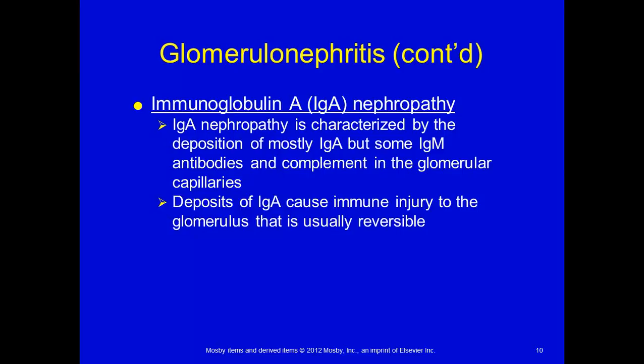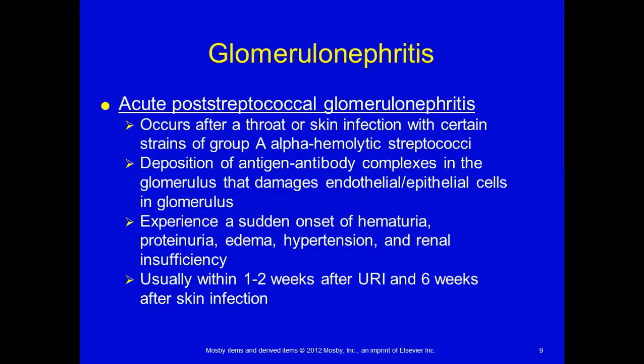It causes inflammation and destruction of those capillaries. Deposits of immune globulin A cause immune injury to the glomerulus that is usually reversible. That's one good thing, not only about this, but also about acute post-streptococcal glomerulonephritis.